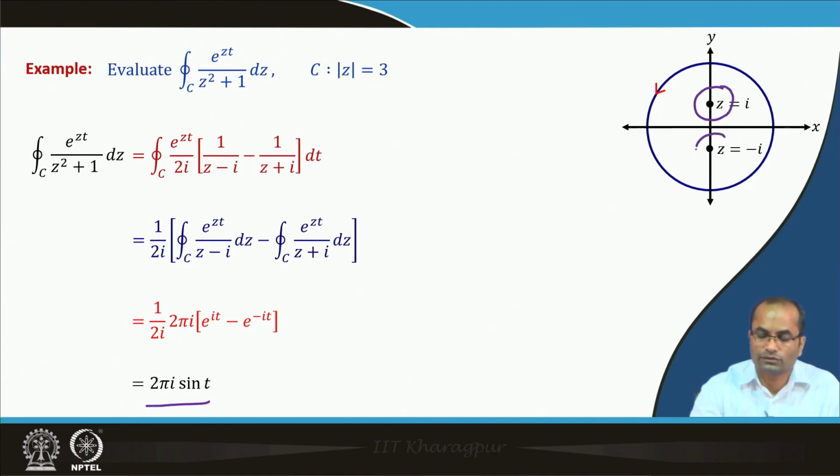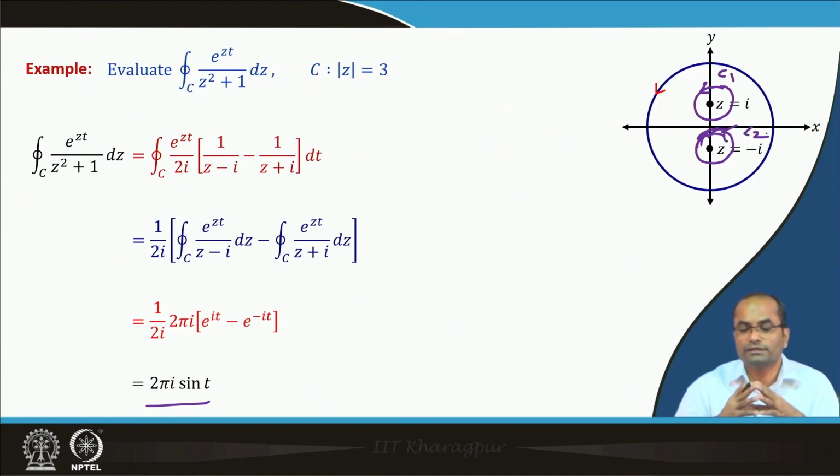We can take two more circles that enclose these 2 points, z equal to i and z equal to minus i. So, let us call one C1 and the other curve C2. So, these two curves C1 and C2, and the outer one was the given one.